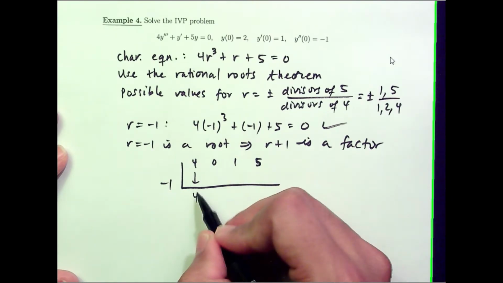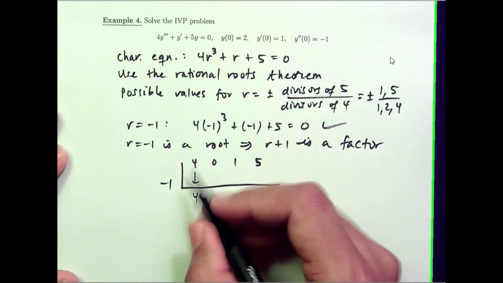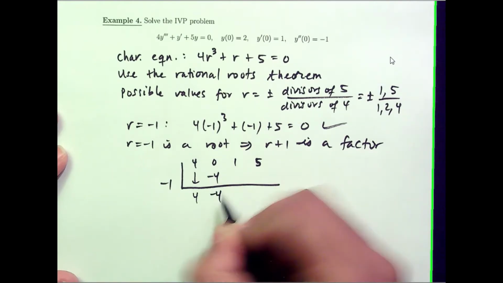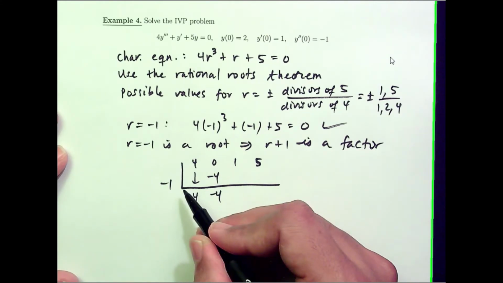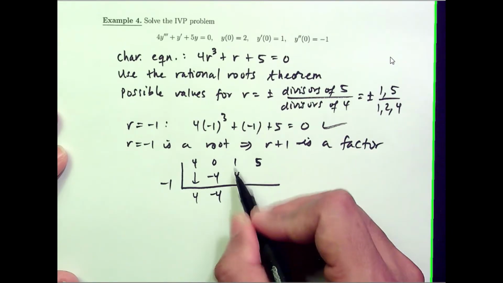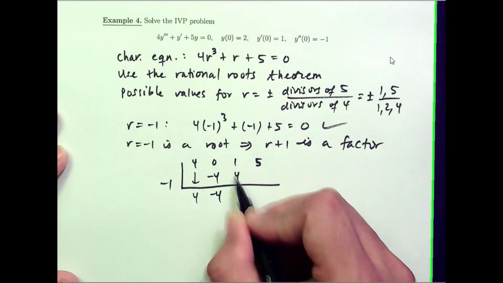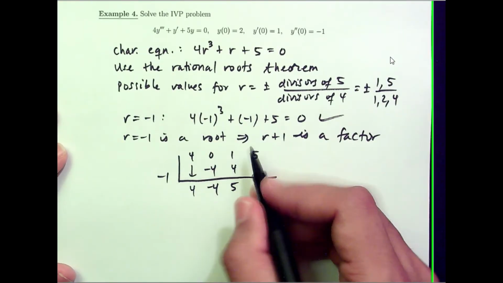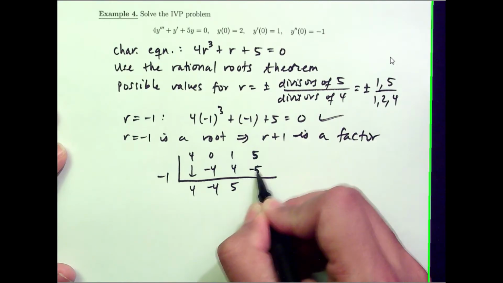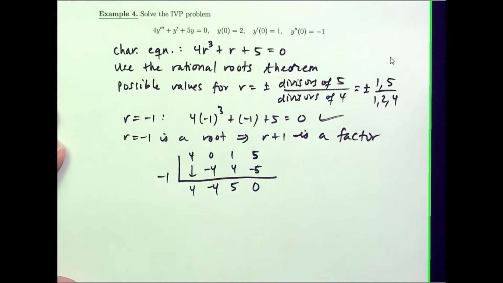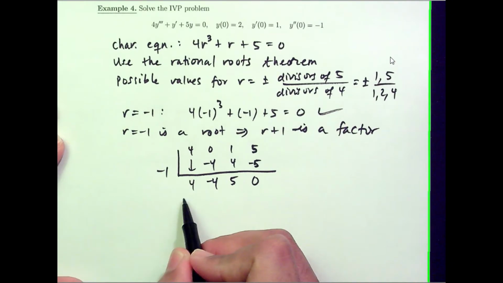Then you multiply 4 times -1, that's -4, and you write it down here. And then you add down, this is -4. -4 times -1 is +4, so you write it down here. And then you add down, 1 plus 4 is 5. And lastly, 5 times -1 is -5, you write it down here. And then adding down you get 0, which is what we expected because the remainder should have been 0 if this is a factor.